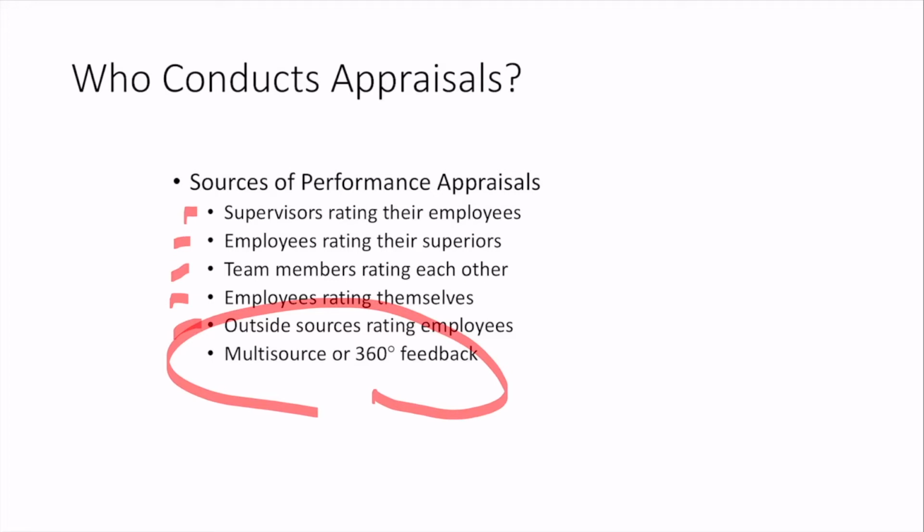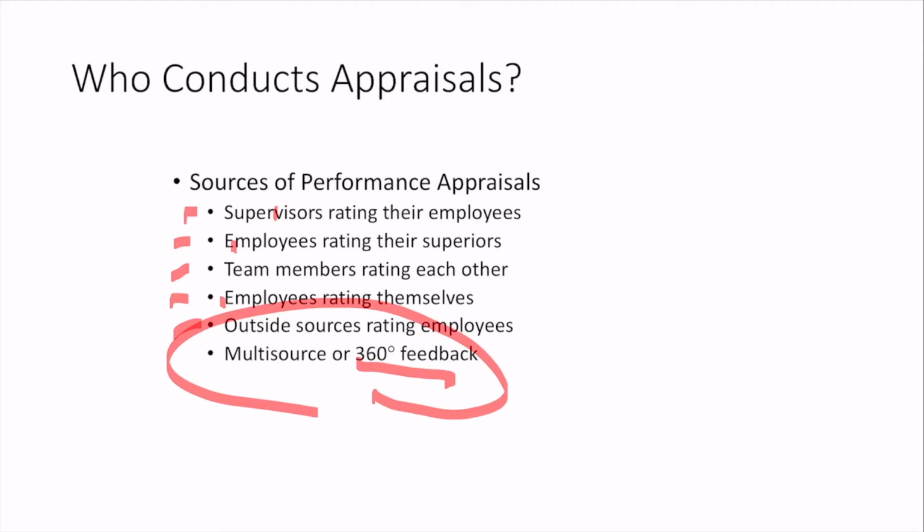You know, many times when you have a performance appraisal, you will have just one person doing the appraisal, and that's usually the supervisor who may or may not even know you that well. 360-degree feedback gives you the opportunity to rate yourself. You have your peers rate you, supervisors rate you, and sometimes even the customer can rate you.